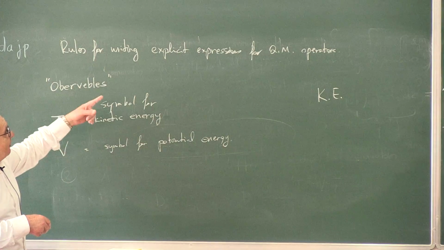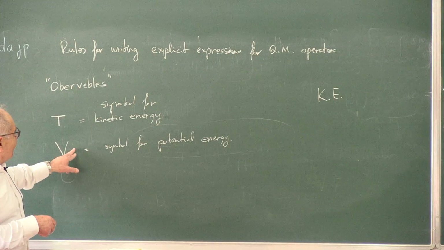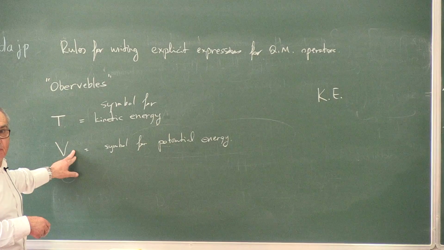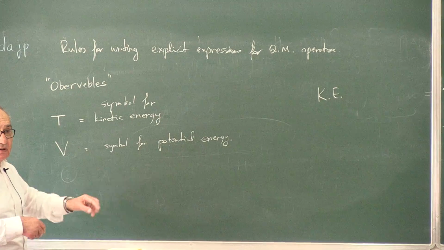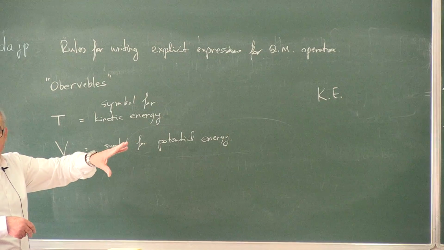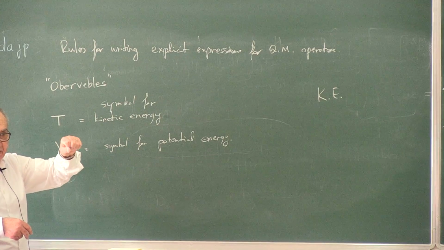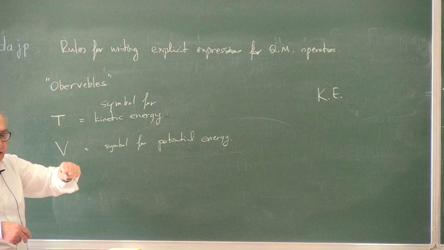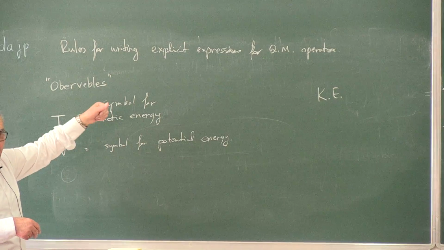In quantum theory, the classical expression for the potential energy function appears directly without any change. The same expression, the classical expression V, occurs in quantum theory.